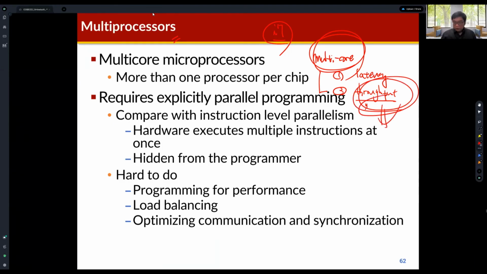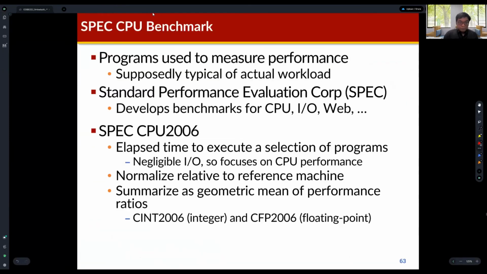That's why recently we are using multi-core CPUs, not single-core CPUs.